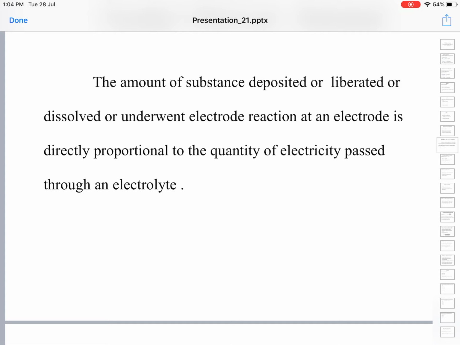So the first law can be defined as: the amount of substance deposited or liberated at an electrode is directly proportional to the quantity of electricity passed through the electrolyte solution.